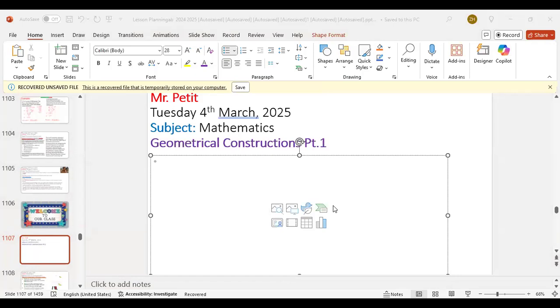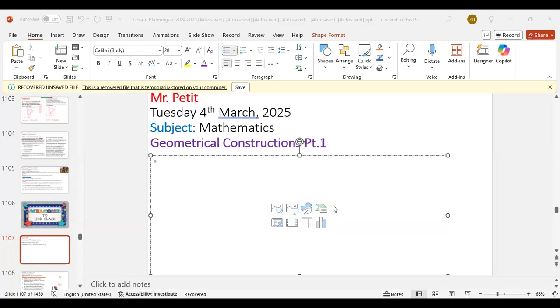The first thing we're going to learn is how to construct a 60-degree angle. You know that we can construct a 60-degree angle using a geometry set.